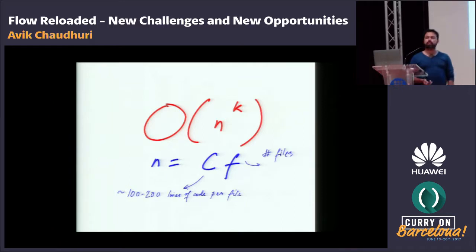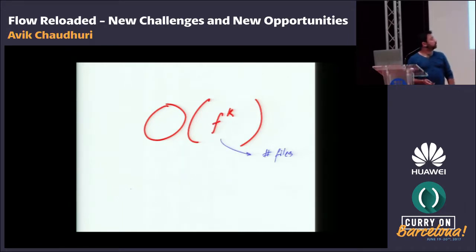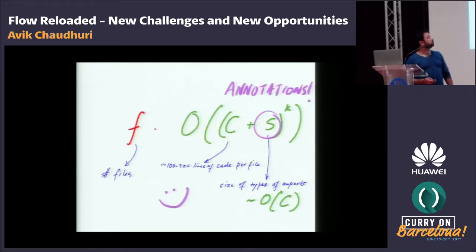There will be the occasional outlier that's some kind of generated JavaScript file. There will be 10,000 lines of code. But mostly it's around this number. And then the remaining number is the number of files that we have in our code base, right? So essentially, this is order f^k, where f is the number of files in the code base. So it's essentially order f^k because f is pretty huge.